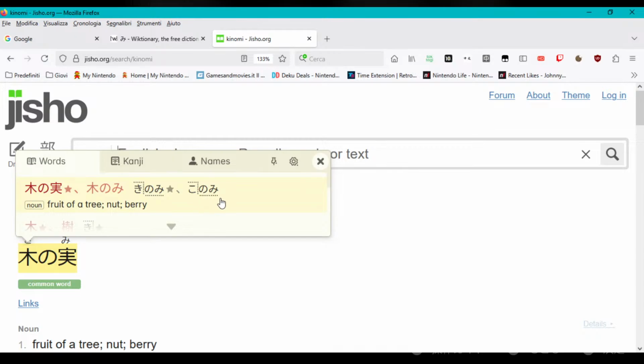Also konomi, but kinomi is the more common one. Fruit of a tree / nut. Literally, fruit / nut of a tree. Again, no, the possessive particle, so fruit / nut of a tree.